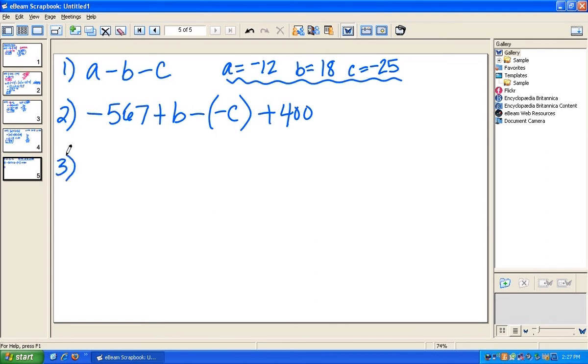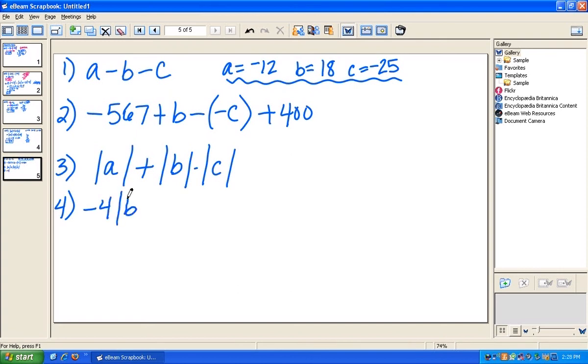Problem number 3 says the absolute value of A plus the absolute value of B times the absolute value of C. Number 4 is going to be negative 4 times the absolute value of B minus 3 times the absolute value of C plus 5 times the absolute value of B.